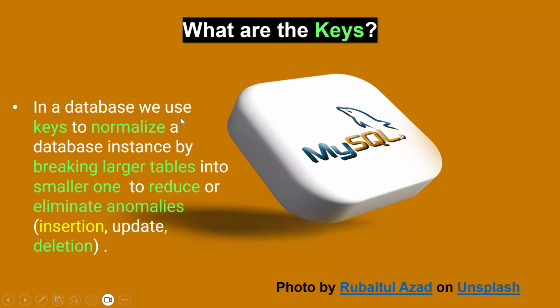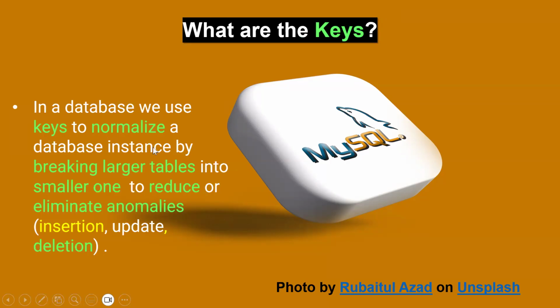Similarly, in a database, we use keys: primary key, foreign key, candidate key, alternate key, which I'm going to talk about all of that, unique key, composite key, a lot of them. I'm going to be discussing those also.